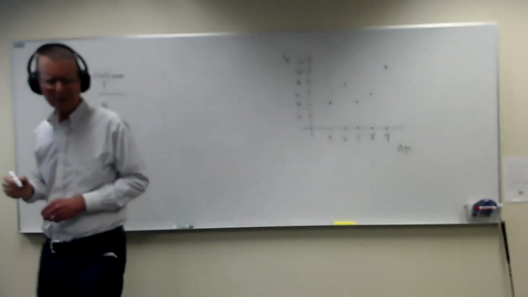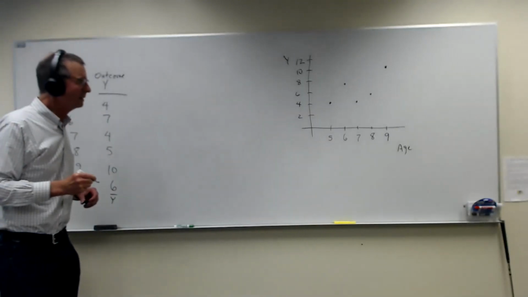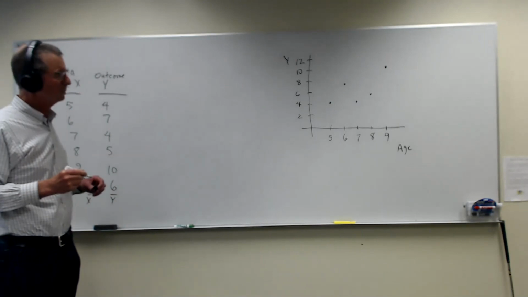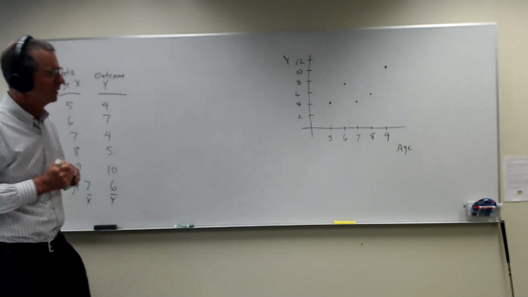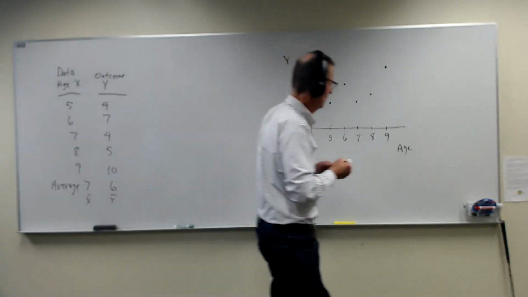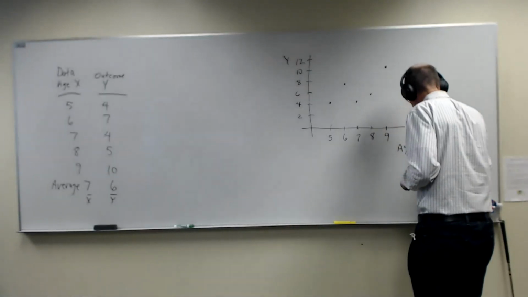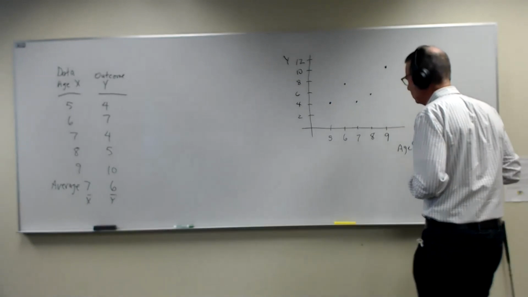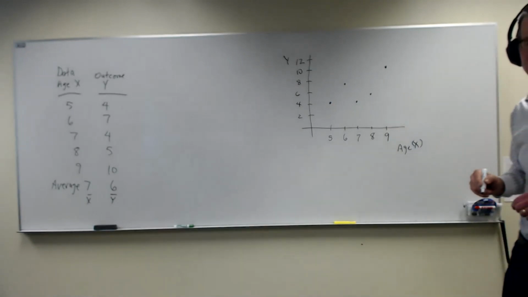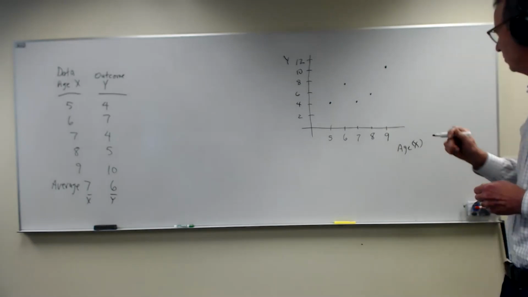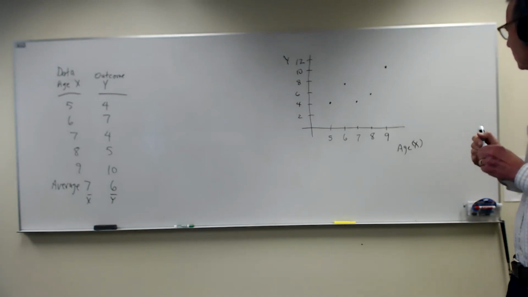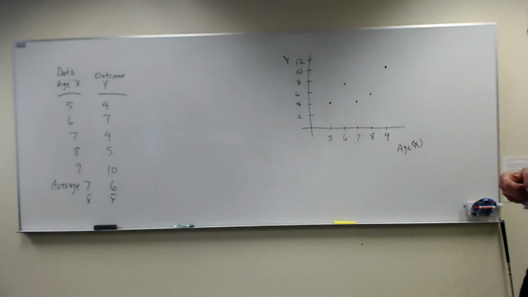All right, so if we want to know the relationship between X and Y, one subset question is what's the best fitting linear relationship between X and Y? So if we are constrained to fitting a line to these points, what line best fits those data?